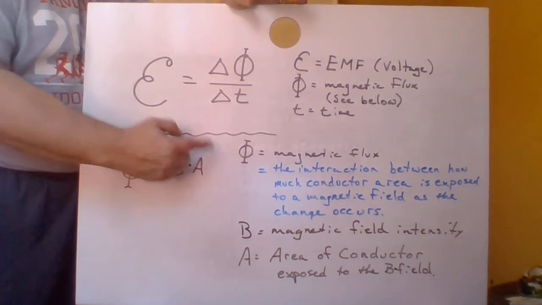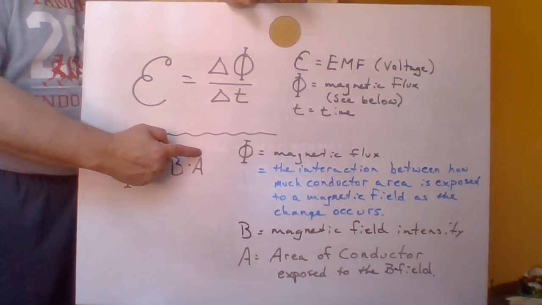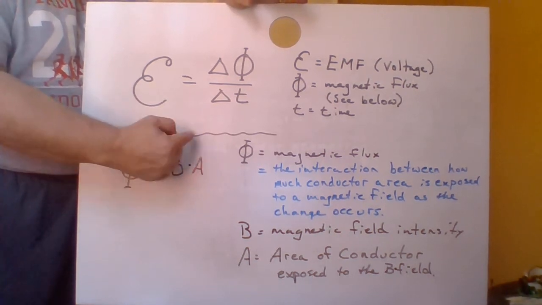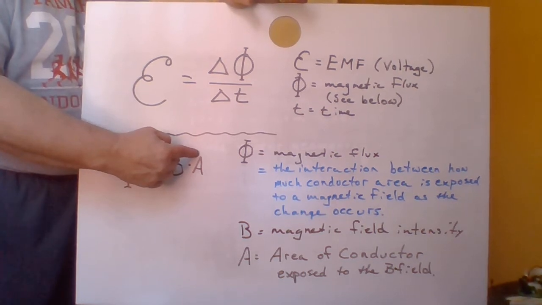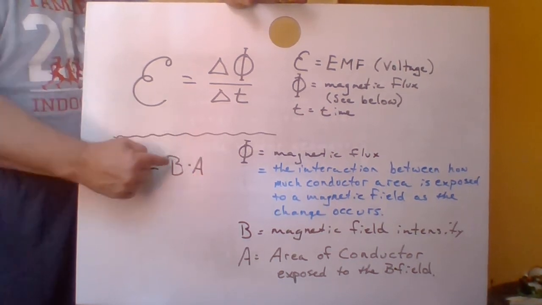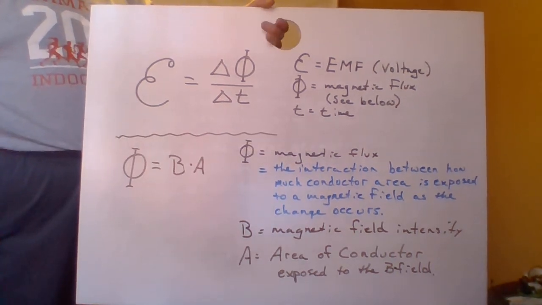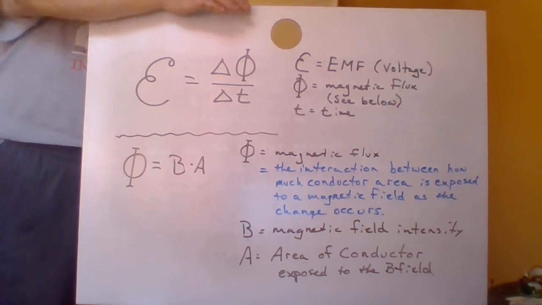So the number of loops also has a factor on how much area is exposed. More loops, more area. The number of loops multiplied by the area gives you the total area exposed to the magnetic field.